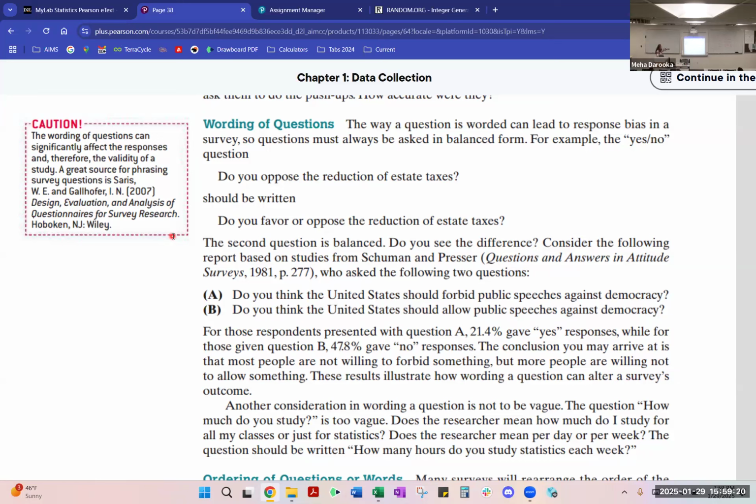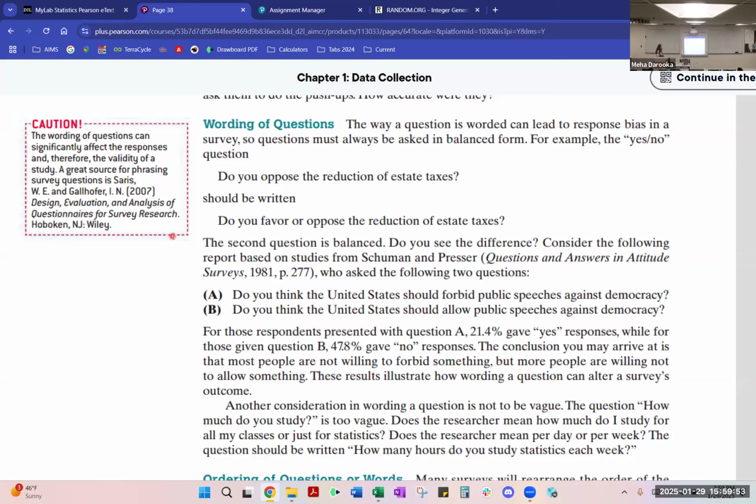Here's another one. Do you think the United States should forbid public speeches against democracy? The second one is, do you think the United States should allow public speeches against democracy? Those presented with question A in this example, 21.4% said yes, it should be forbidden. Those given question B, 47.8% gave no responses.